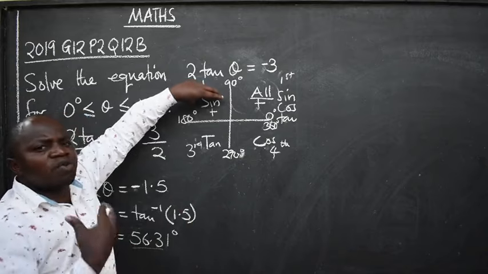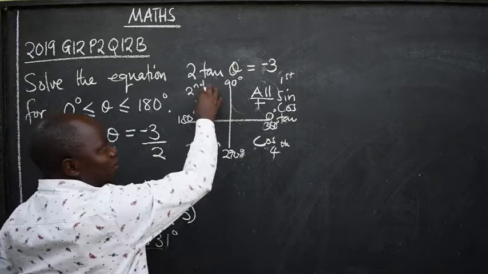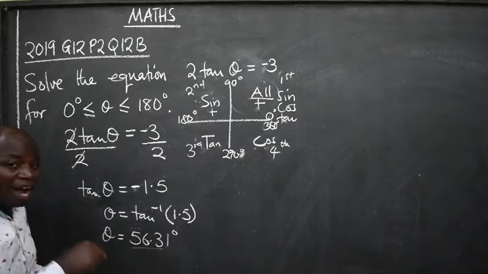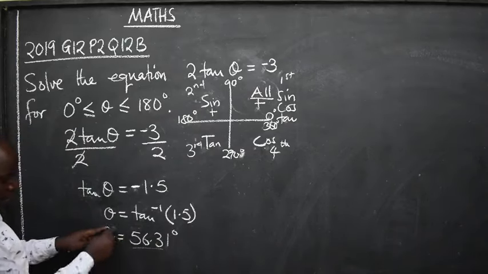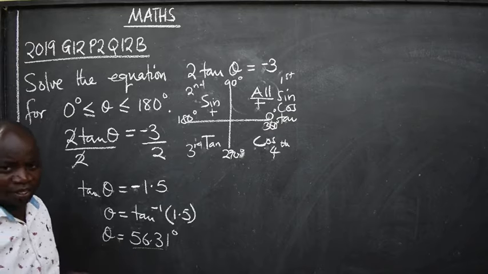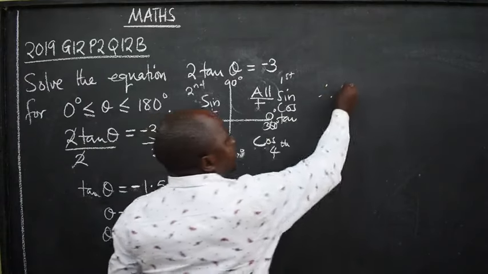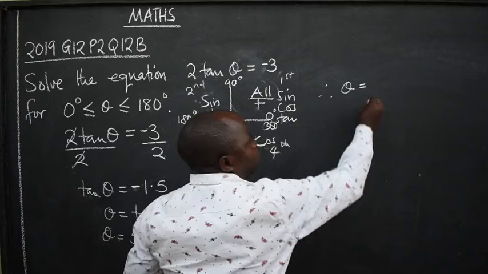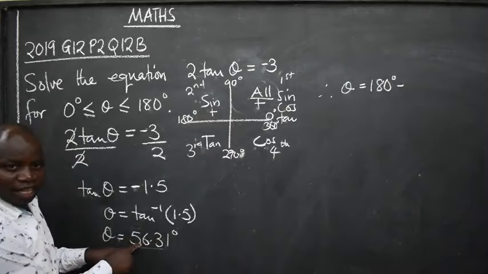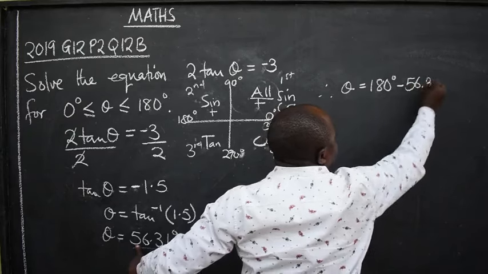After you identify the quadrant, you are going to write the formula for that quadrant. So in the second quadrant, the formula should always be 180 minus the first theta that you have calculated. That will be your final answer. So you should just say, therefore, theta will be equal to 180 degrees minus the answer that we have calculated, which is 56.31.